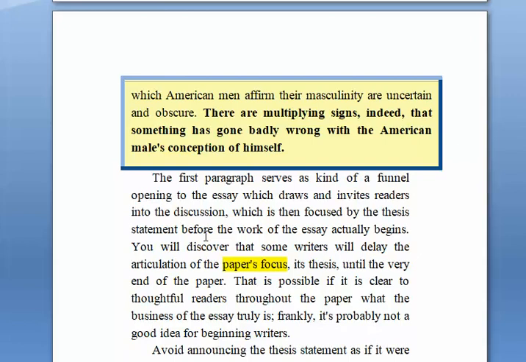That is possible if it is clear to thoughtful readers throughout the paper what the business of this essay truly is. Frankly, it is probably not a good idea for beginning writers. This can be helpful for advanced writers.